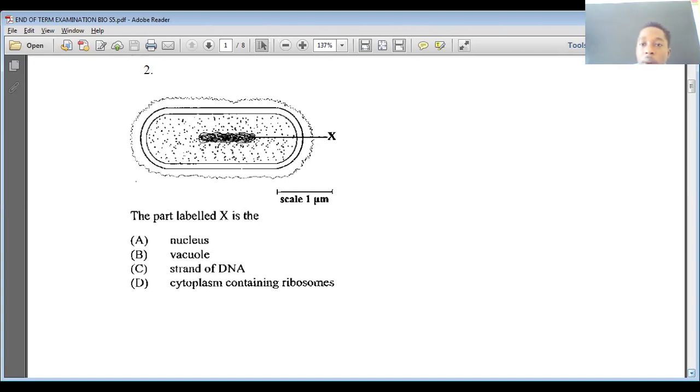So the part labeled X, what do you think that section would be? A strand of DNA. Excellent, a strand of DNA. Once you look at it, you see the strands curling in different directions, right? So that definitely shows you that it's a strand of DNA. Or it could be a nucleus, because the nucleus is where the DNA is actively playing its role. All right.